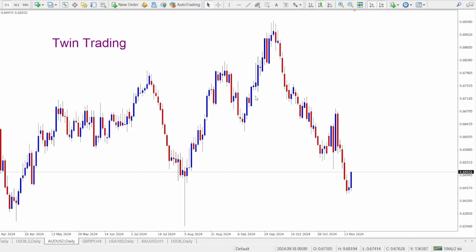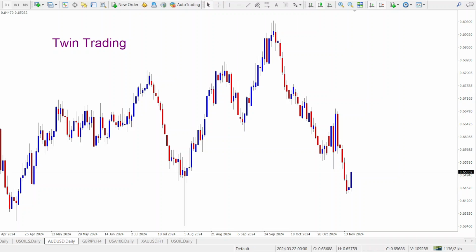Now, each trade serves a distinct purpose, allowing you to balance profit potential with effective risk management. So now here is how it works, right? You enter two trades on the same currency pair with identical entry points but different take profit and stop loss levels.